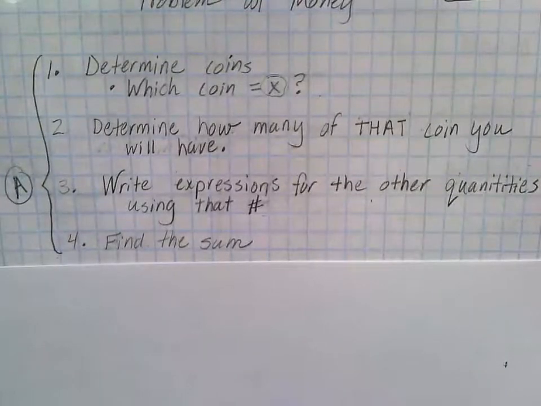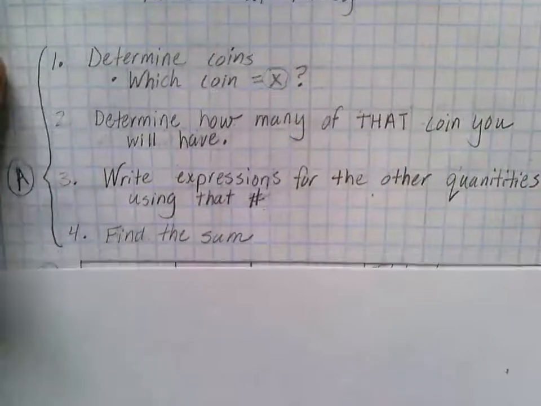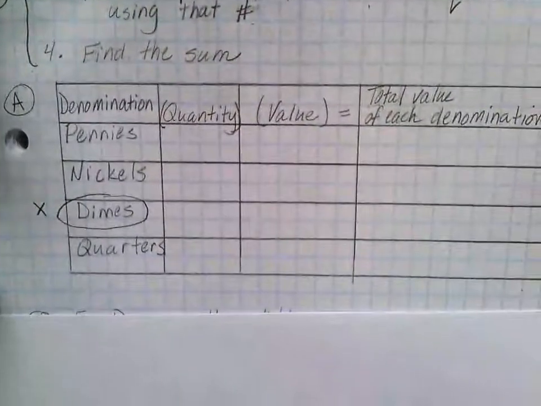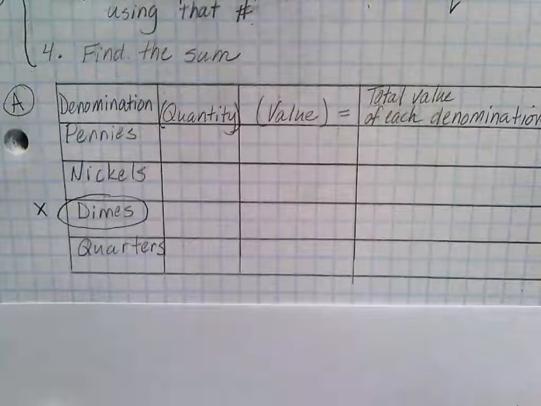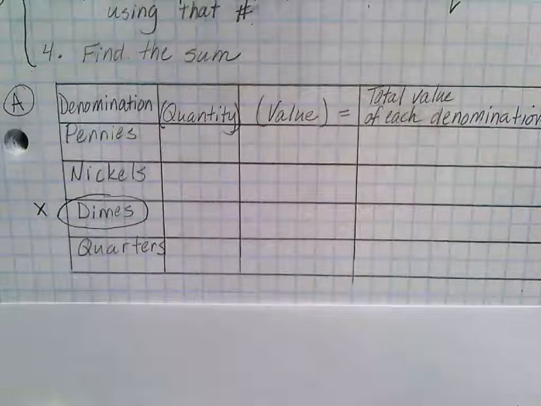I'm going to do a sample problem, and I'm going to use the handy dandy table that Mr. Witt uses. And I want you to use this as well. So if you need to pause the video to draw the table, do that now.